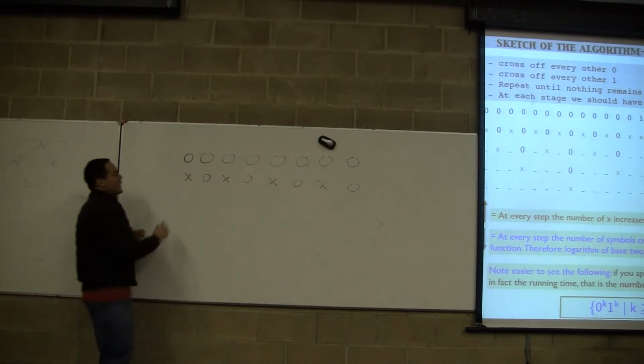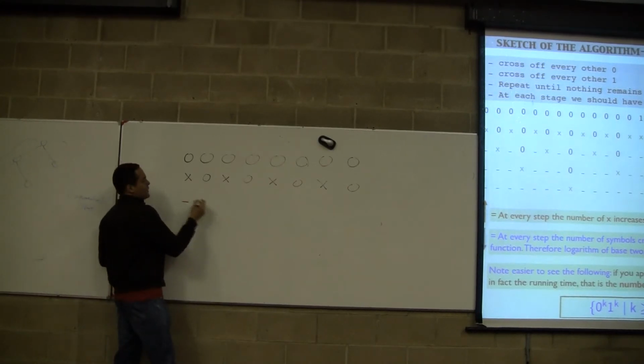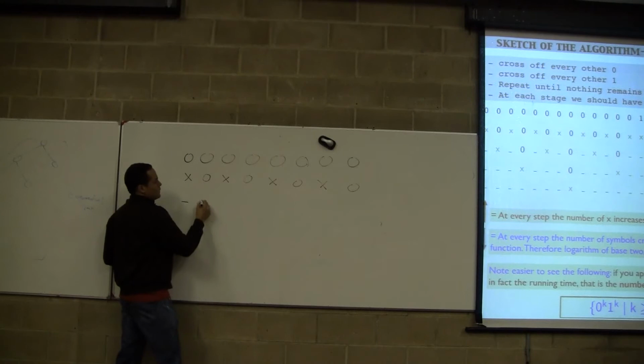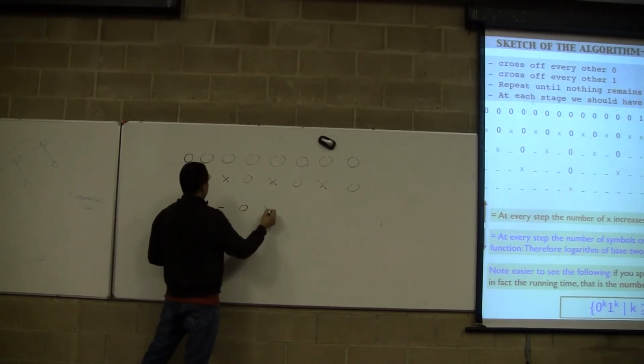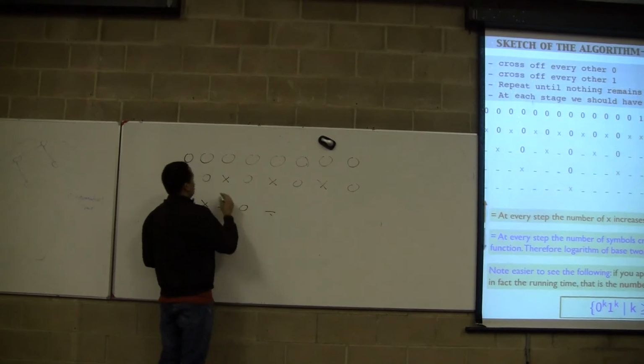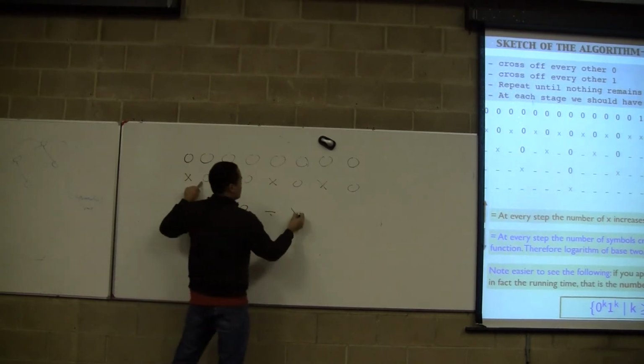And then if I do the same for every other 0, so this guy's x, 0. So every other 0, this is confusing.